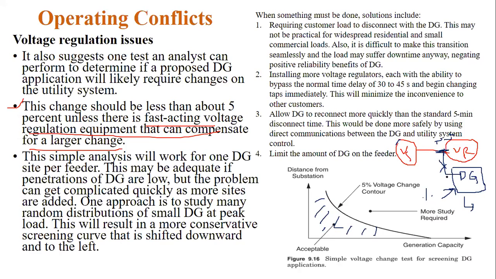And if the voltage changes and all other things are more than 5%, you do not connect this DG to the system, and it is not preferable to add this DG to the system.